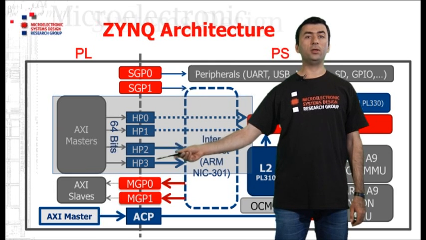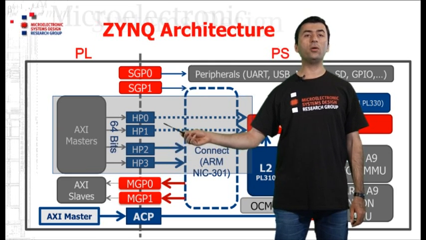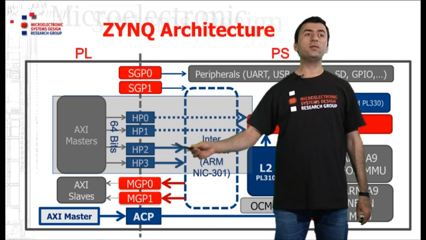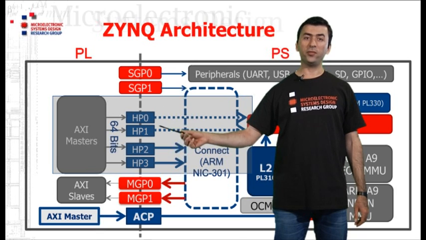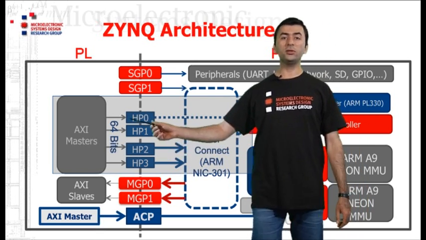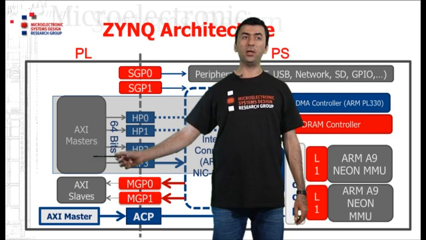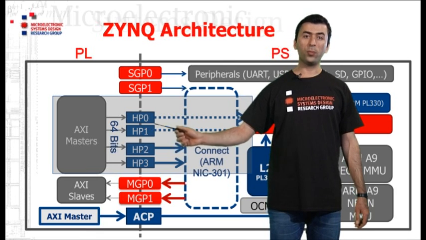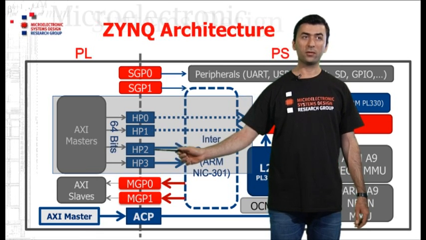HP0, HP1, HP2, HP3, which we call high performance AXI interfaces. These high performance AXI interfaces are slaves for the logic that you develop inside the PL. So practically, they are AXI slave ports of the PS.